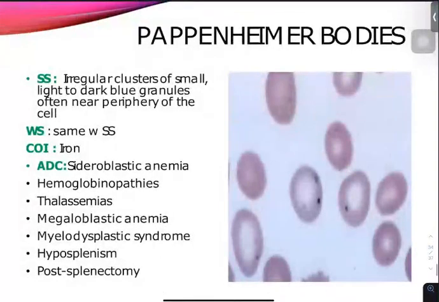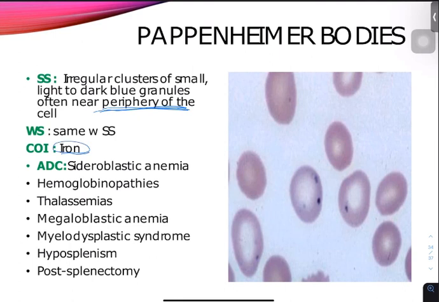Next is your Pappenheimer bodies. Usually seen as a cluster of small, light dark granules, often near the periphery. Caused by your iron.